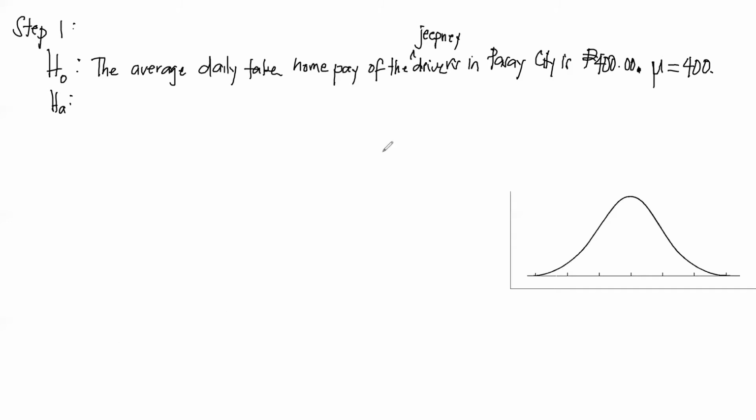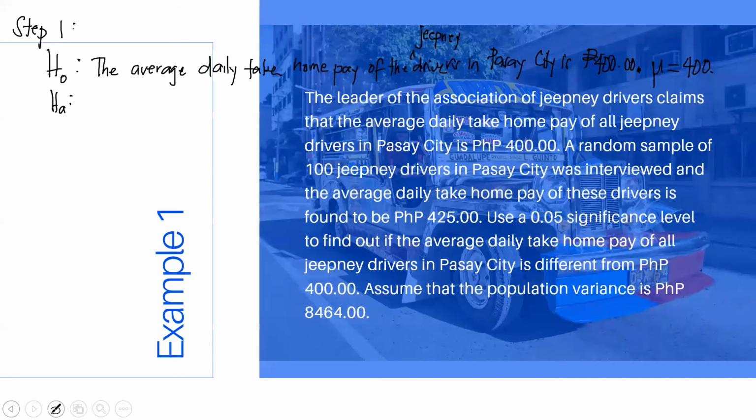Let's go back to the problem given earlier. The alternative hypothesis is something that would negate, or let's say counters, what is given. Let's take for example, in the earlier statement, there is a random sample of 100 jeepney drivers interviewed and the given data is 425.